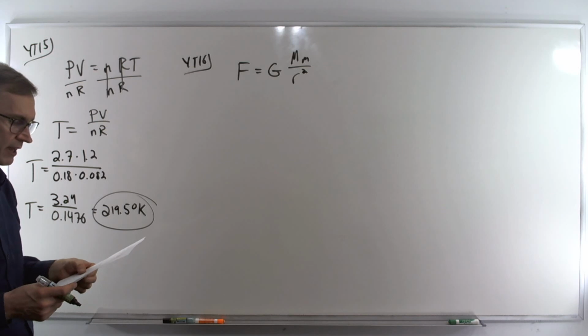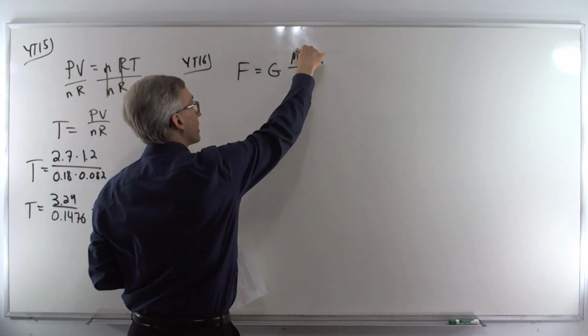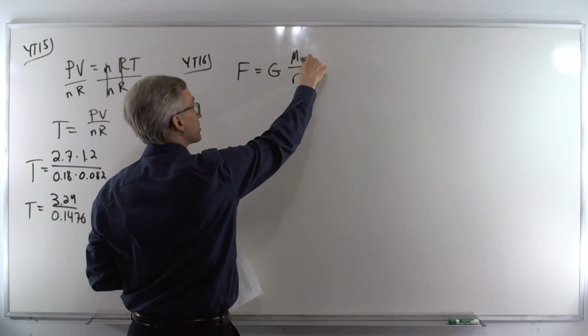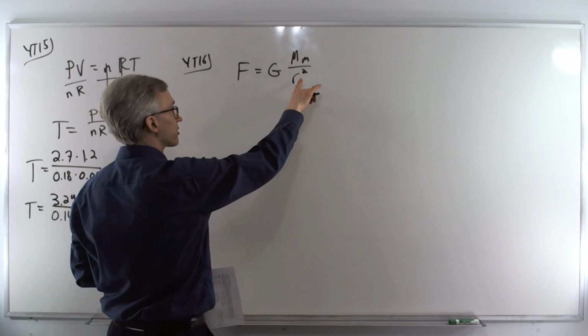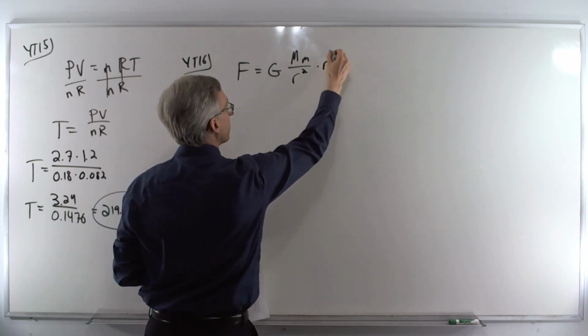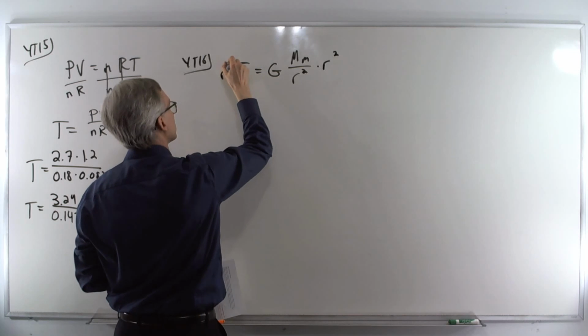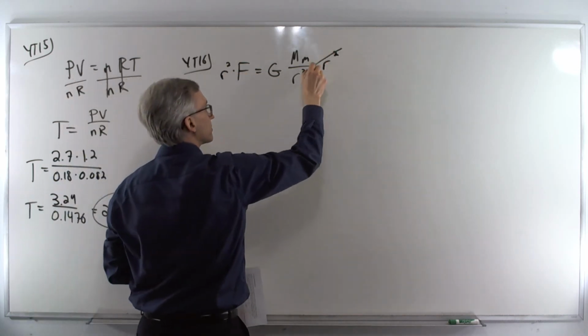All right, so we're going to find the mass of the moon, assuming that the big M is the mass of the Earth and little m is the mass of the moon. So we need to solve this for little m. So we've got this fraction with r squared in the denominator, and to get rid of the denominator, we multiply both sides by that. So we're going to multiply r squared on both sides. Now the r squareds cancel, so those are gone.